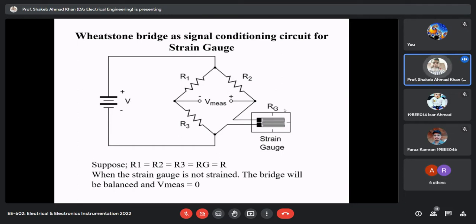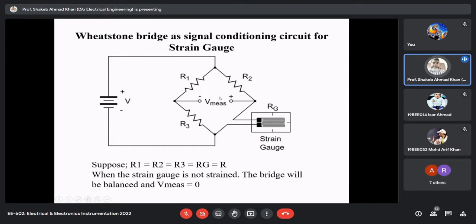This is always desirable in case of sensors, that the sensor should respond only to the variable which we want to measure, and it should not respond to any other parameter.